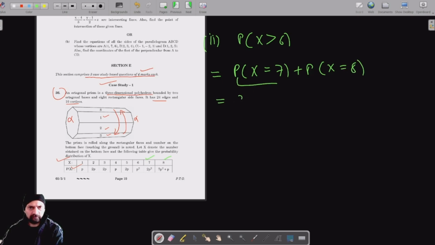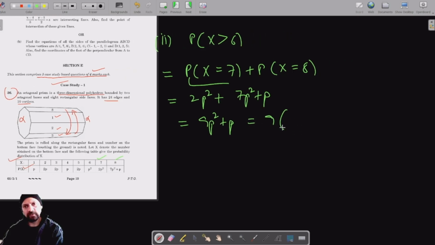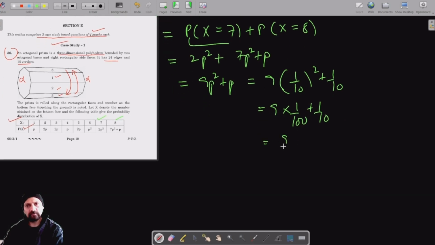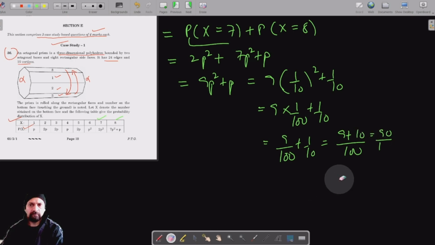So x equal to 7 is 2p square, and this is 7p square plus p, which is 9p square plus p, and p is 1 by 10. So this is 9 into 1 by 100 plus 1 by 10, which is 9 by 100 plus 1 by 10. LCM is 100, which is 9 plus 10, so this is 19 by 100. So the value is 19 by 100.